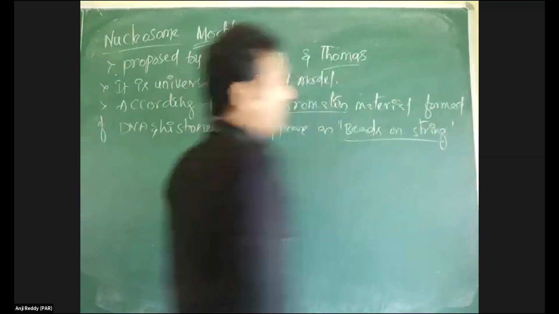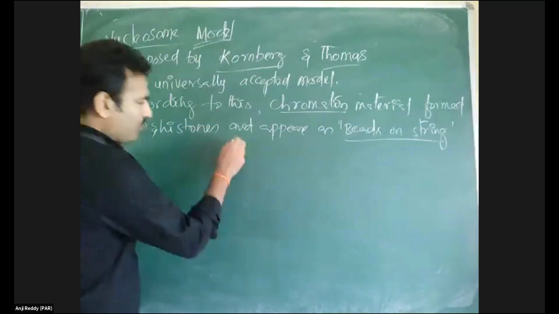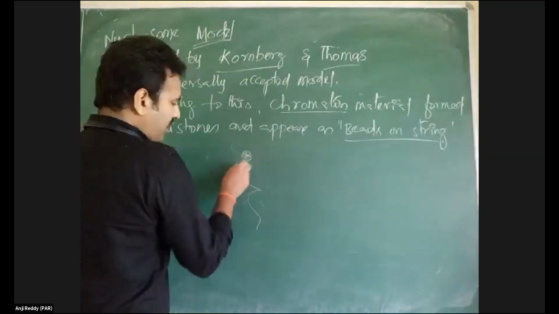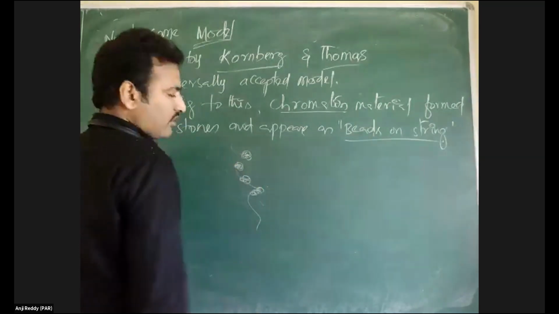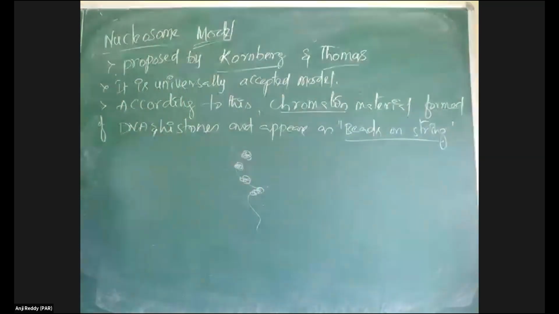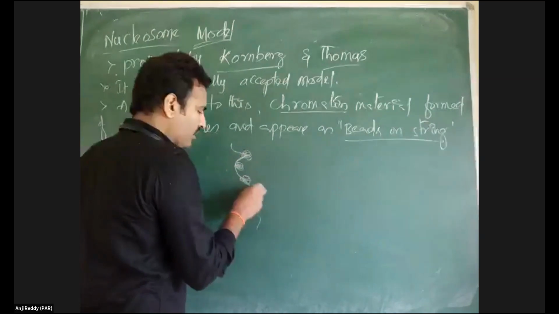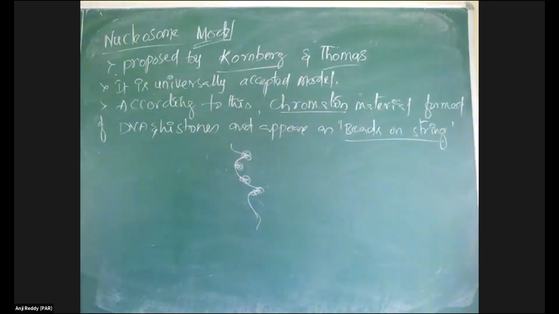What does beads on a string mean? Suppose a DNA molecule is there, and on that DNA molecule there is attachment of histone proteins like this. Histone proteins are attached with the DNA molecule. So the DNA molecule we can call a string. On that string there are these beads of histones.